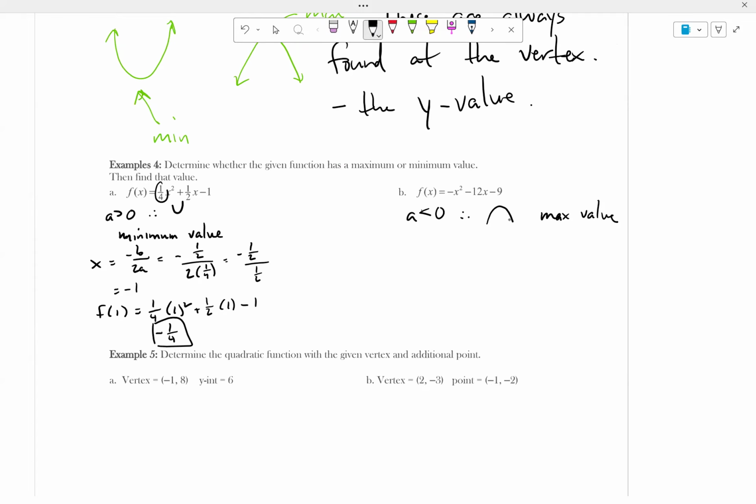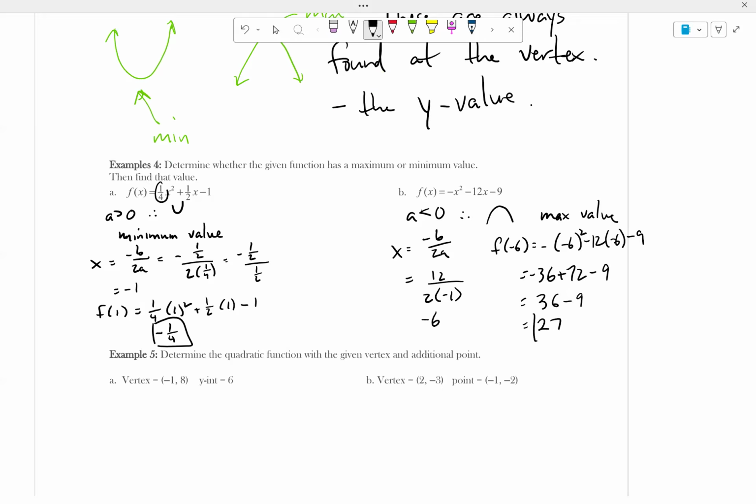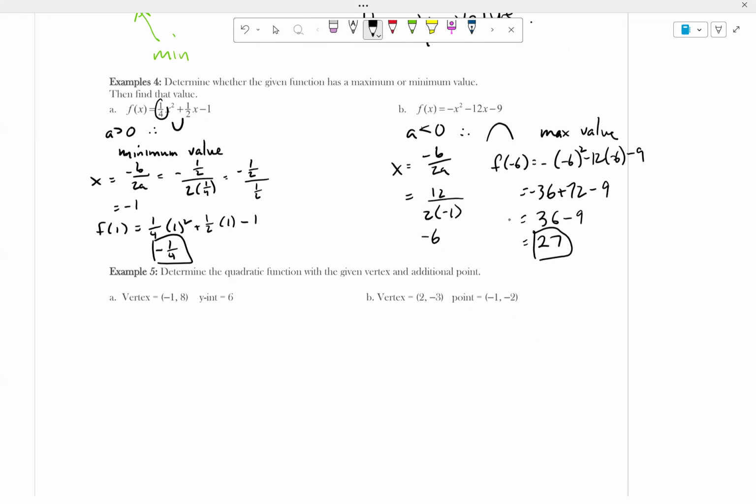So try to do this by yourself without watching me do it, and then just confirm that you did it right. That's our max value, 27.